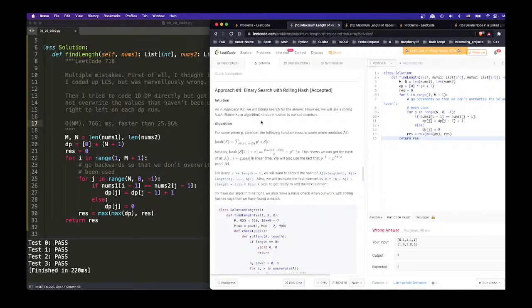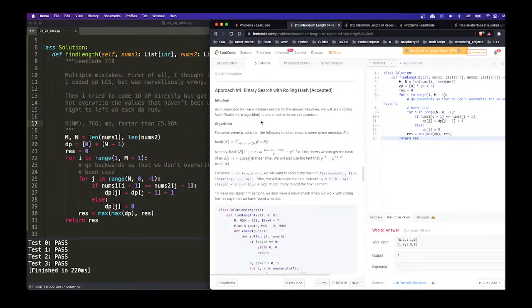Oh, rolling hash. I forgot rolling hash already. Yeah, it's a rolling hash.